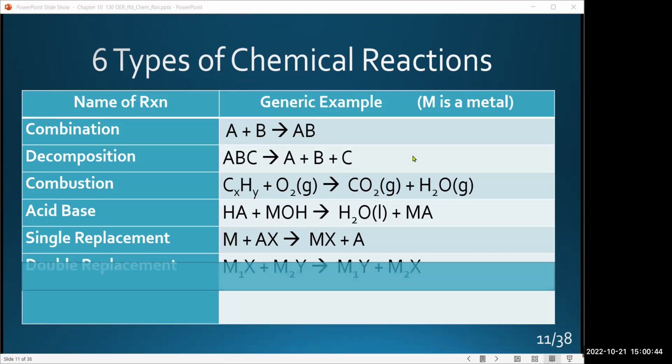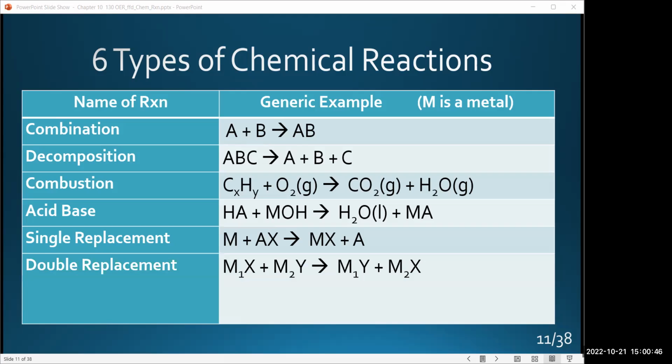Okay, and then finally, this is the one that we just finished doing, which you call the double replacement, double displacement, but go with replacement. Depends what book you read. So what's happening here, as I demonstrated, we have the subscripts here. They don't tell us how many atoms. They should be more of a superscript. They just tell us that M1 is a different metal than M2.